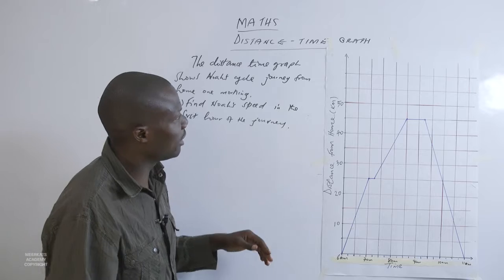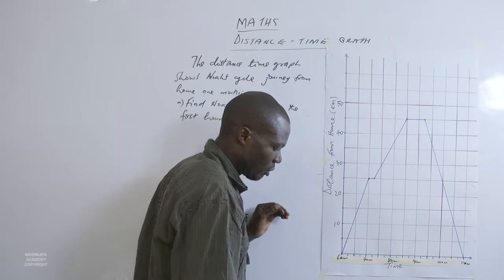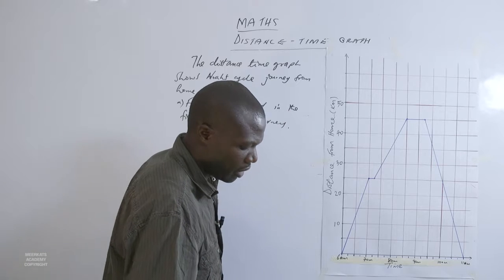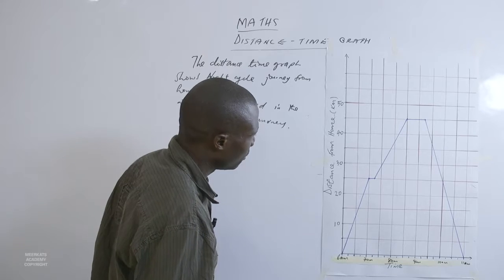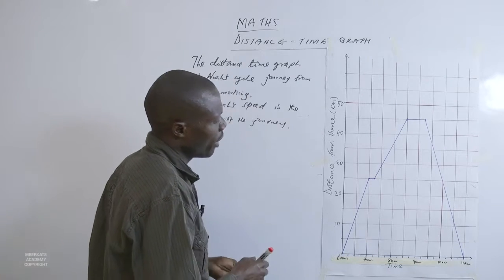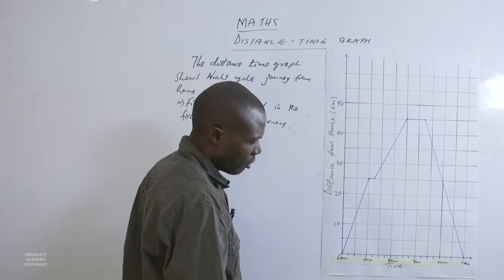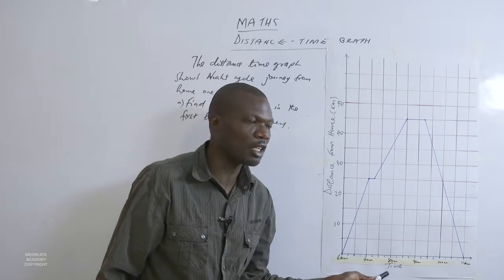Now, let us study our chart here. What we have is as follows. We have this axis, which is for time.